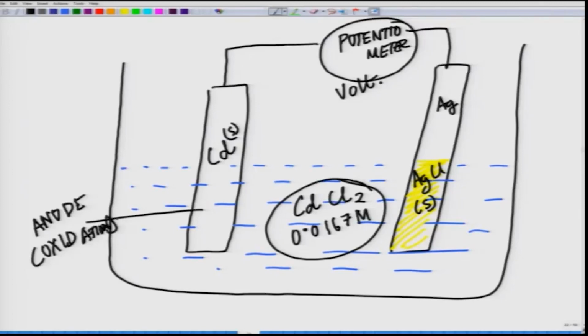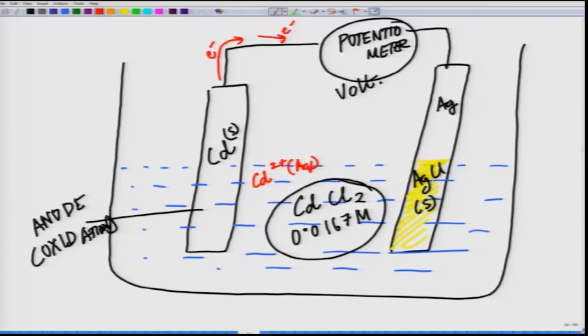So in other words, at the anode what will happen? Cadmium 2 plus will go into the aqueous solution. So in that case there will be an electron which will be generated, which will be traveling in this circuit like this. Okay.